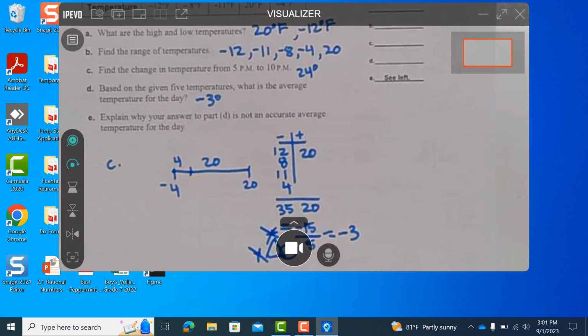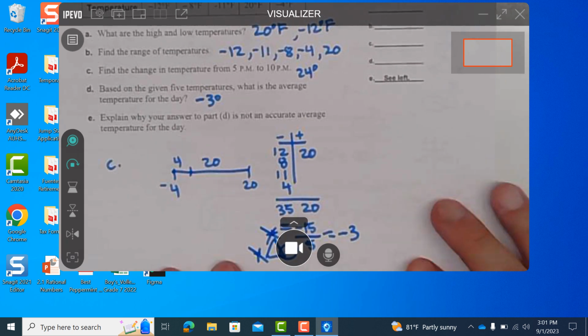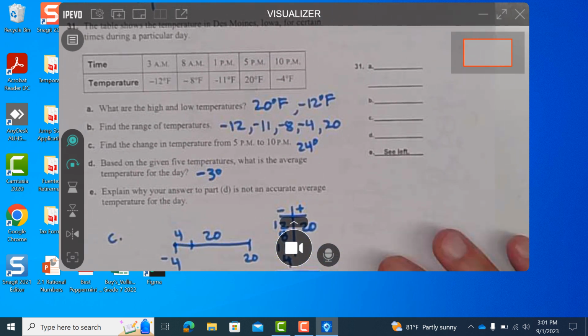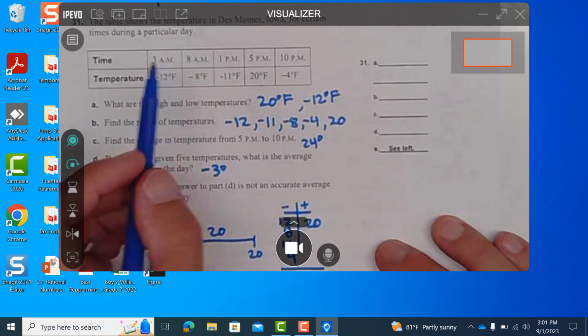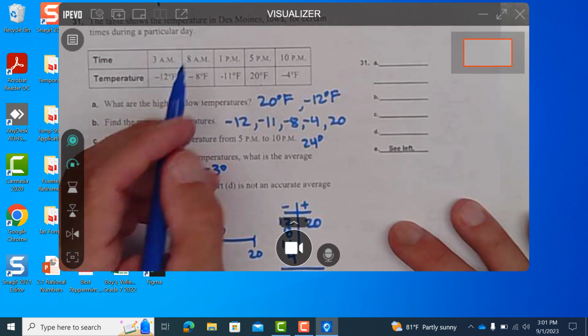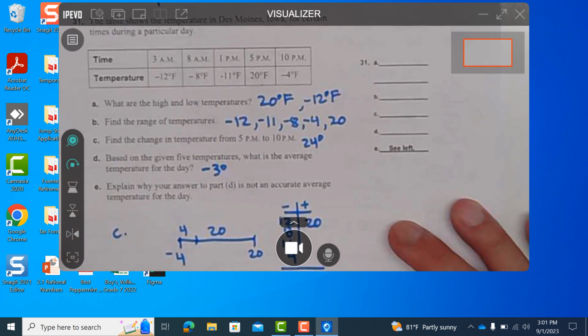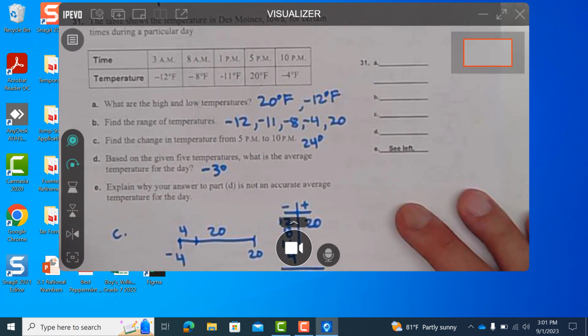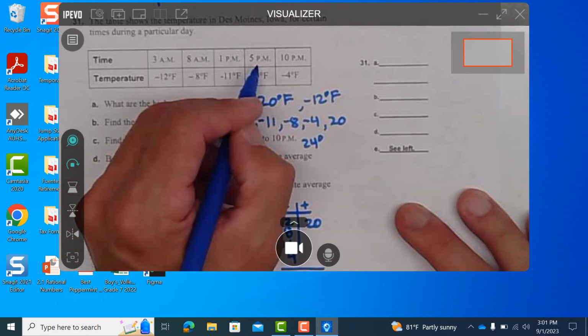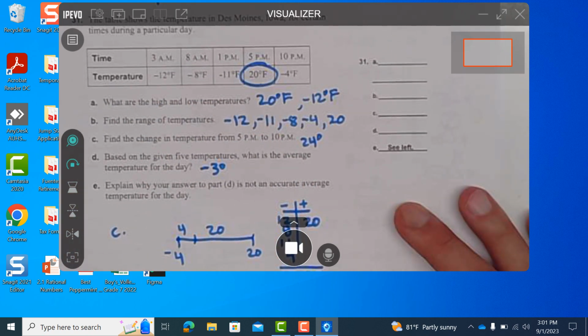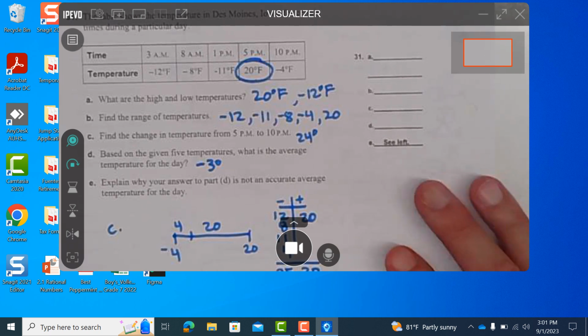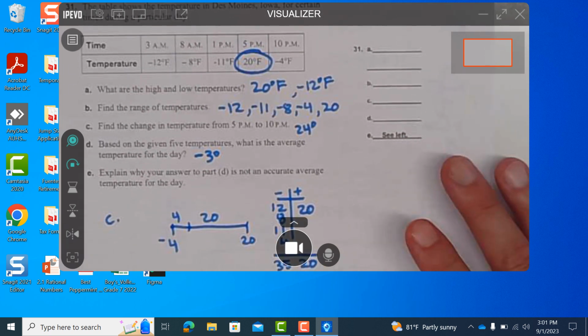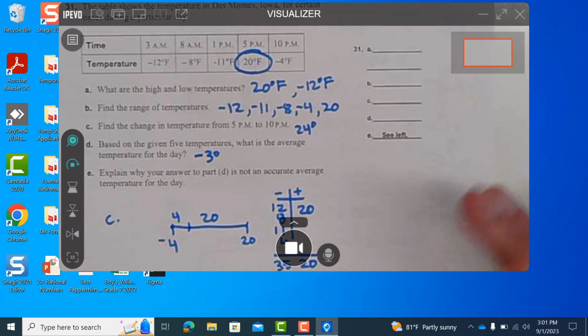Finally, letter E, explain why your answer to part D is not an accurate average temperature for the day. Well, we don't often get negative temperatures here in Southern California, so it's a little bit odd to think that you are going through a day where all the temperatures are negative, but this one temperature at 5 is 20 degrees positive. It doesn't appear to be an accurate average for the day because it's probably all negative, and that might have been an error on somebody's part.